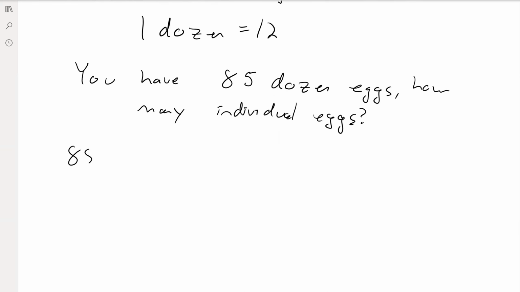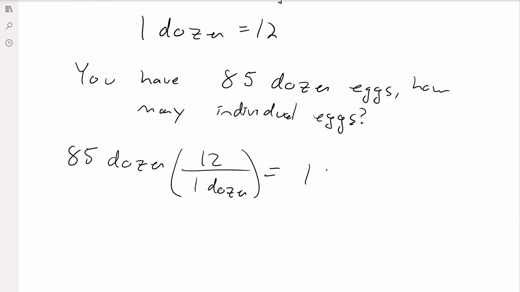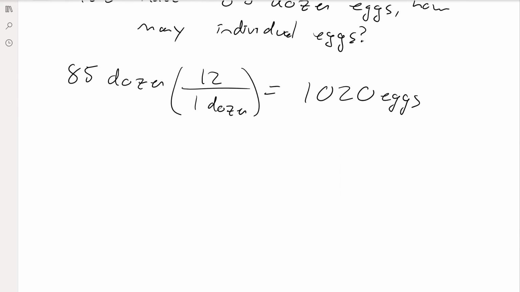So then you just do a unit conversion, right? 85 dozen, that's the thing that's not the unit conversion. And then you would say for every 1 dozen, you have 12. Do the math, you have 1,020 eggs, right?